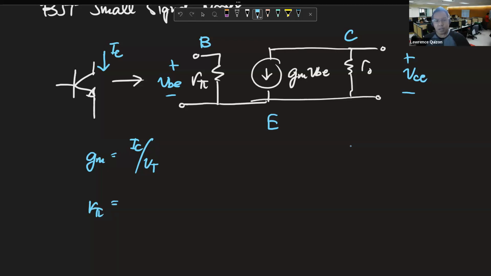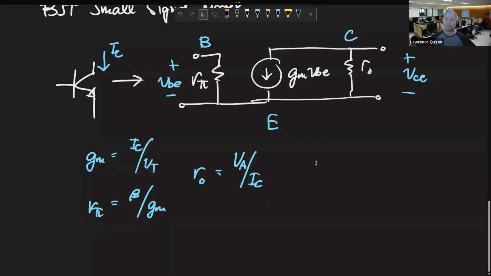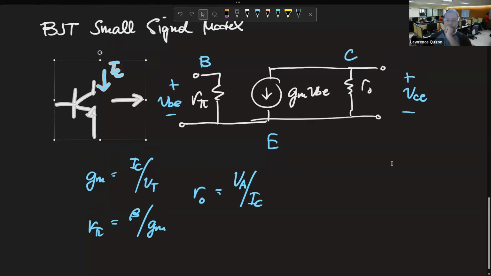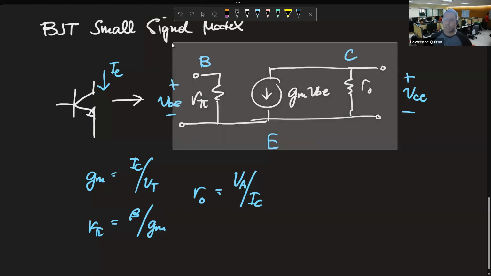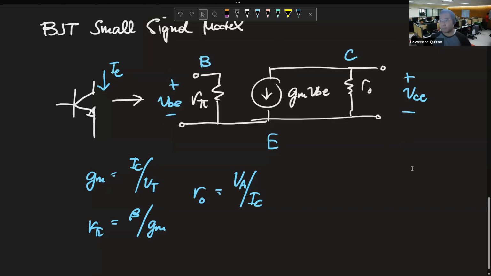We also have R pi, which is beta over GM, no? And R out, which is VA over IC. All right. So whenever you see a BJT in the course of small signal analysis, you turn it into an equivalent model that looks like this, no?